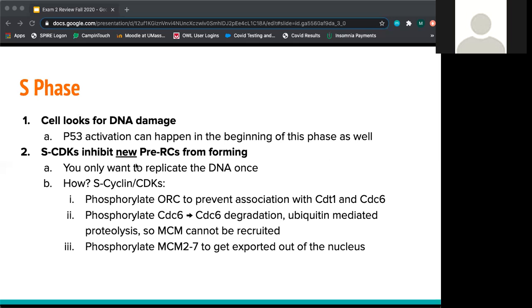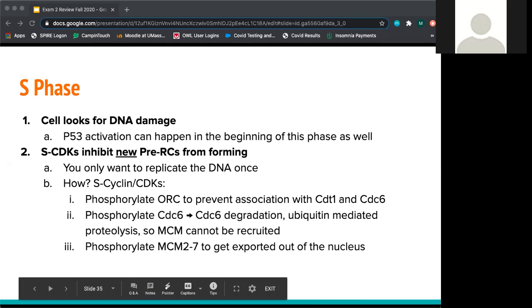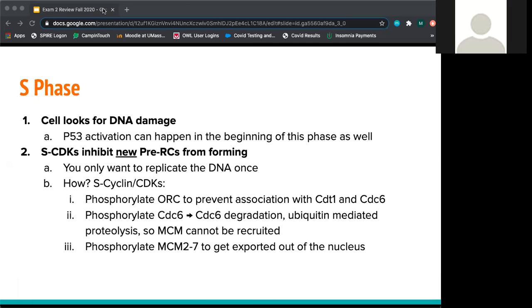Is the pre-IC formed at the end of G1 or S phase? I believe it's formed at the end of G1. I think it's the beginning of S phase. It's like end of G1, beginning of S phase, like in between that period.